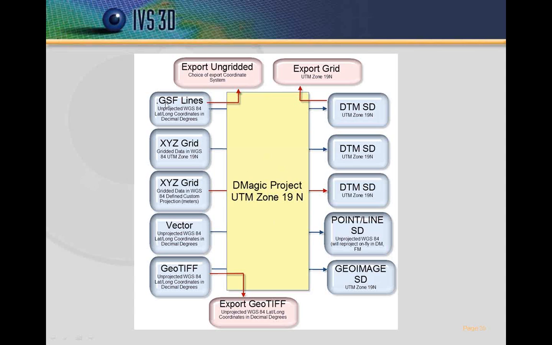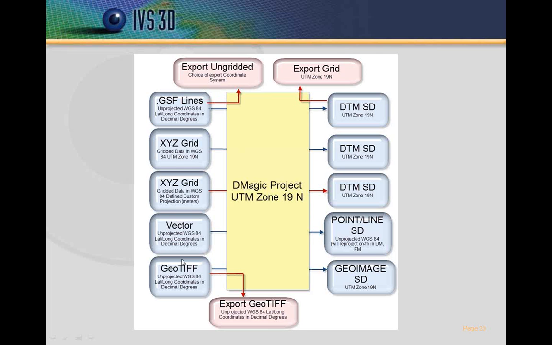If you only take those GSF lines in and choose to export them as ungridded data, then you'll have a choice of the coordinate system. So you can export them in WGS84, in Zone 19, or whatever you want. And when you create a DTM-SD in DMagic, you could change the output coordinate system, but it will no longer be viewable in the project. The default will be to stick with the project UTM zone.